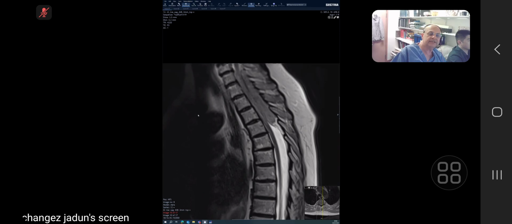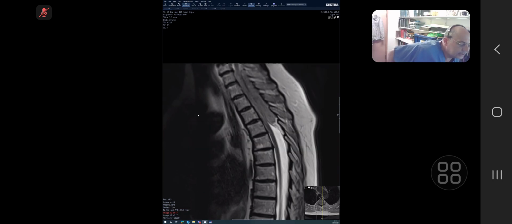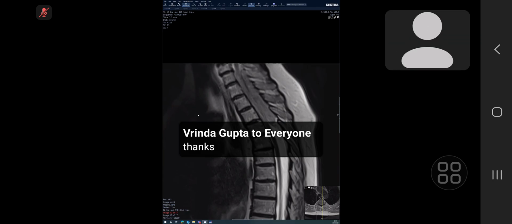Treatment options lie with the spinal surgeon, not with yourself. Our job is to make sure the primary clinician who referred this patient knows that there is a tumor, there is cord edema, there is cord compression, and that's our job to notify them. Right, sir. Thank you, sir. That's the important bit.